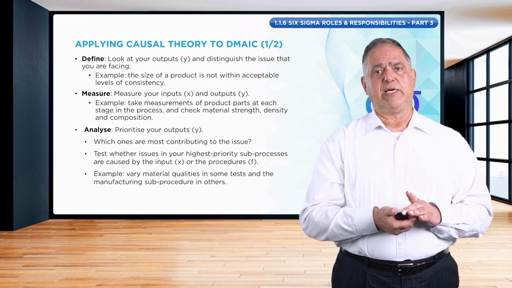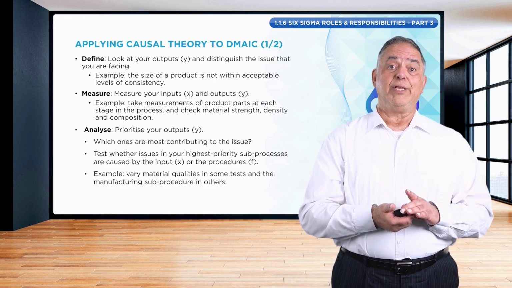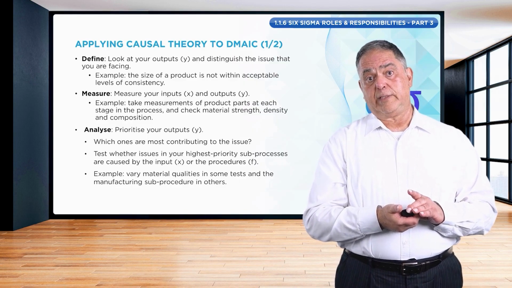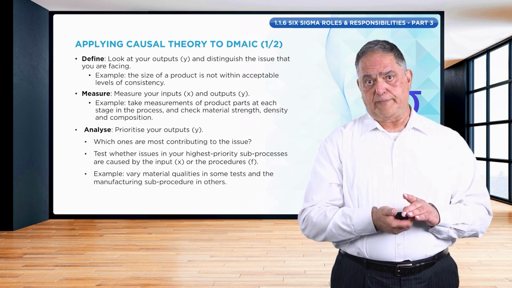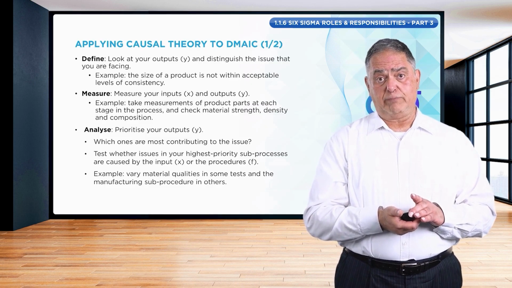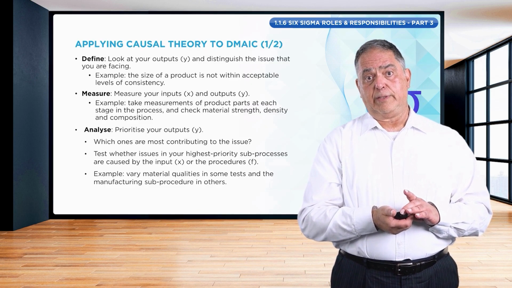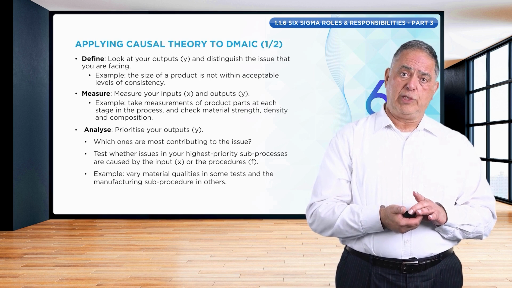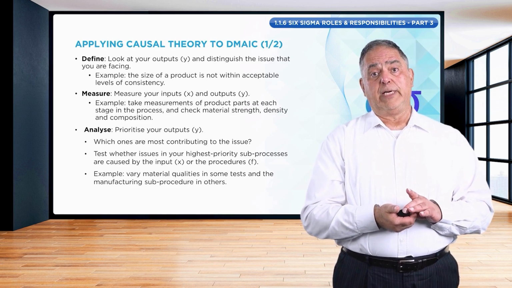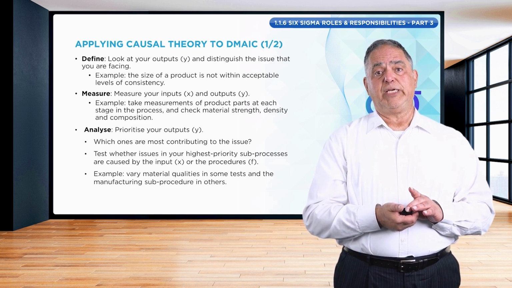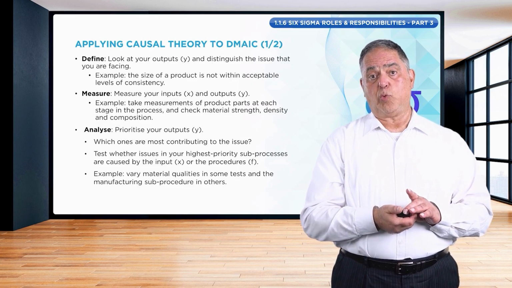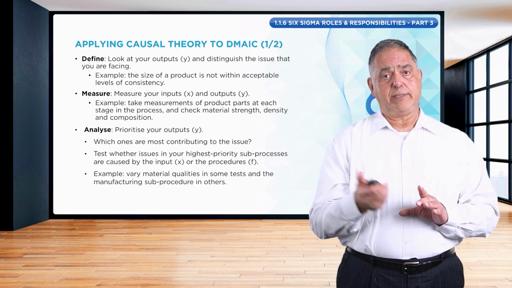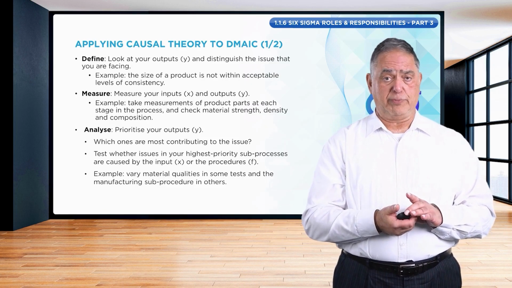In other words, we have to distinguish between the critical outputs and all the other outputs. The critical outputs are very important to the customer. They represent the voice of the customer, and as we're going to learn, they are known as CTQs, critical to quality requirements. And these are associated with characteristics of the process output.